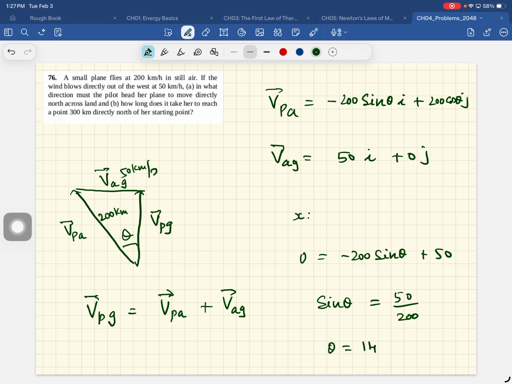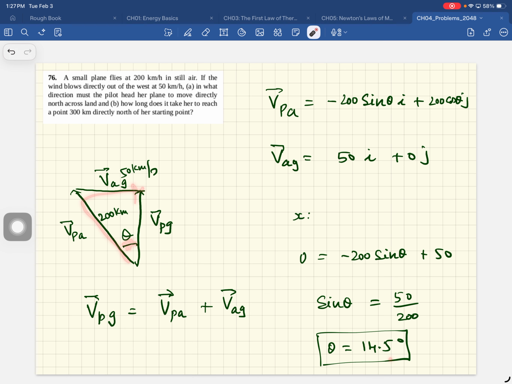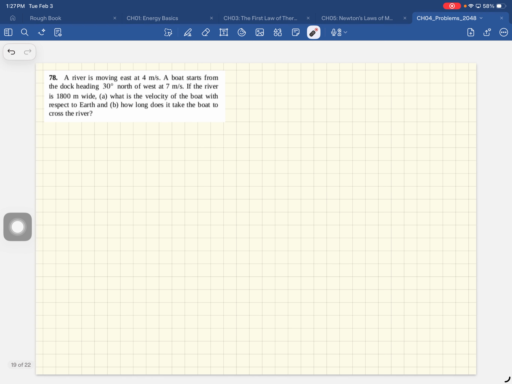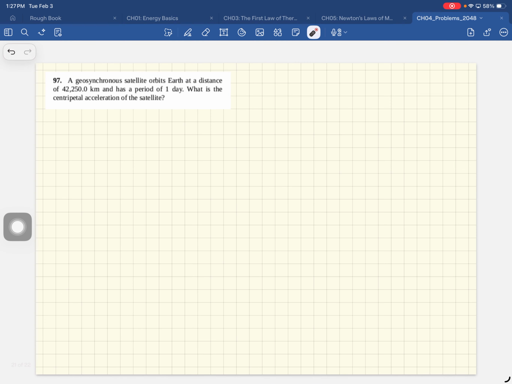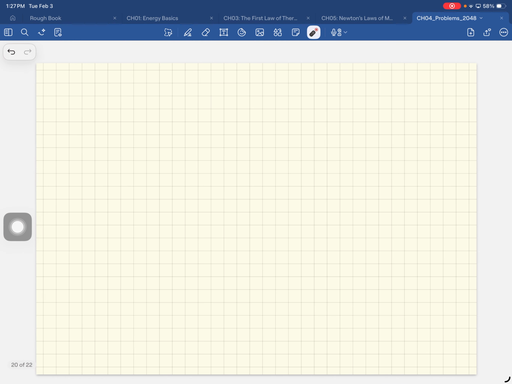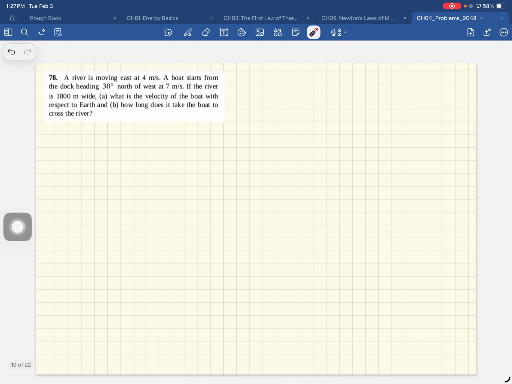So it's minus 6.06i plus 3.5j plus 4i plus 0j, meters per second.